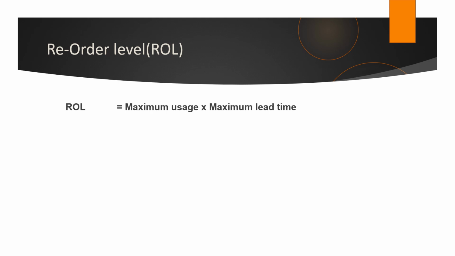For that, we have to take the maximum usage into maximum lead time. So let's calculate the reorder level of product A. Here, the maximum usage is 150 and the maximum lead time is 6. Therefore, we are getting 900 units as the reorder level of product A. Then, reorder level of product B is 150 into 4. That is 600 units.